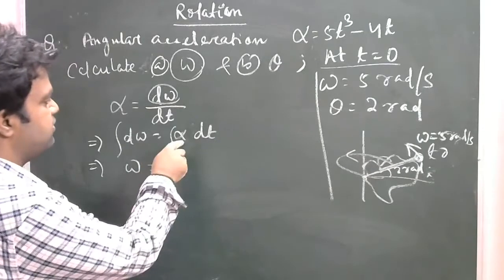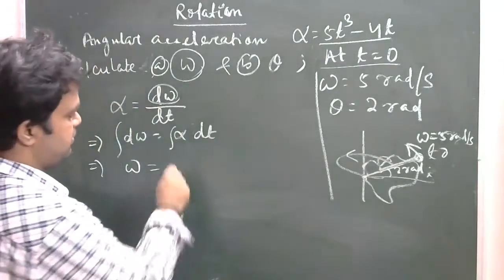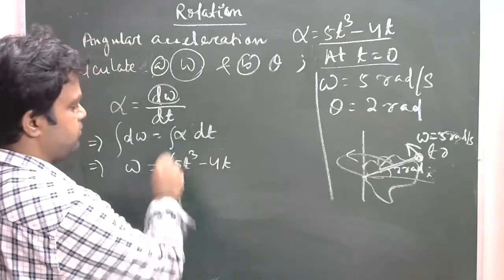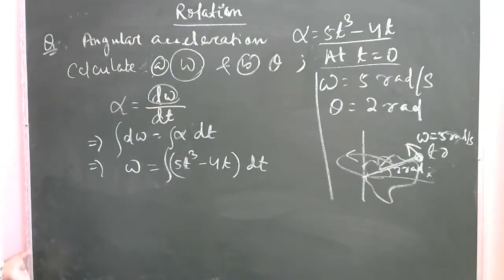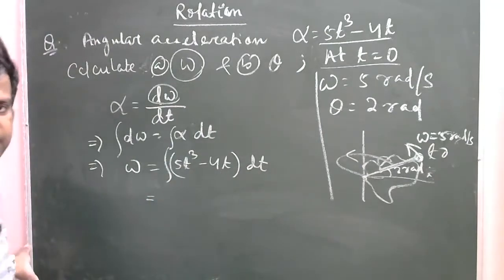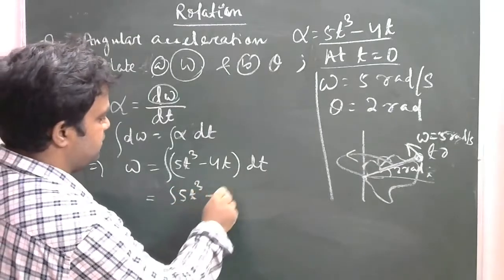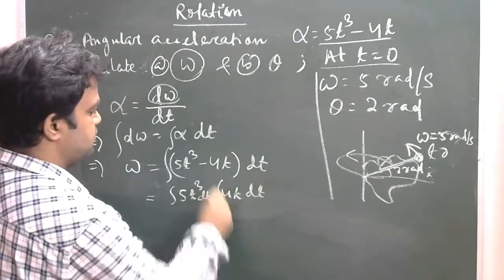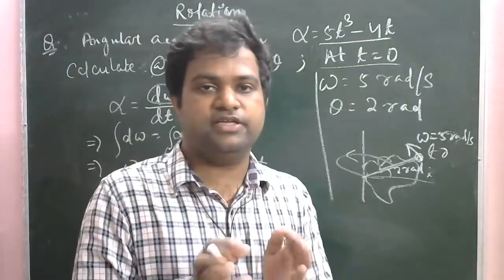Now alpha is given by this equation, so I'll replace alpha with 5t^3 minus 4t, and integrate with respect to dt. Now just separate the terms: the integration of 5t^3 minus 4t dt. If plus or minus is there, we have to find the integration for the individual terms.